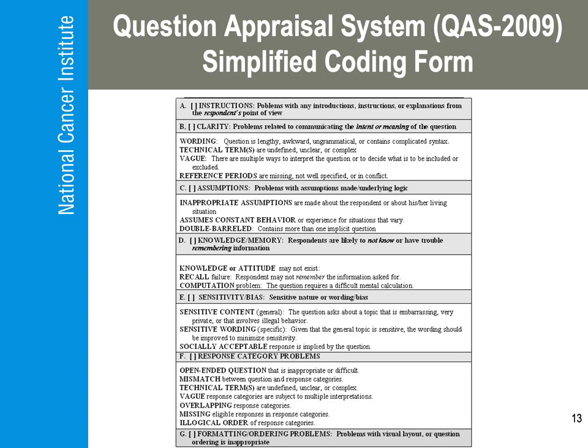In turn, we look for problems with instructions to survey respondents, question clarity, underlying assumptions that may be untrue, knowledge or memory limitations, sensitive or biased questions, problems with question-response categories, and formatting or question ordering problems. Again, the QAS manual contains in-depth information on each of these problem categories, with suggestions on how to rectify them.